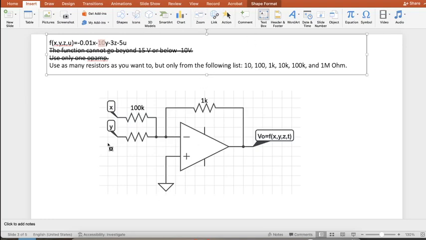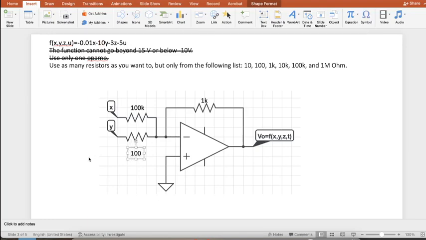So Y is going to be multiplied by 10. So if I put 100 ohms here on Y, now I have an f of x and y that is minus 0.01x minus 10y. I hope you can see that.